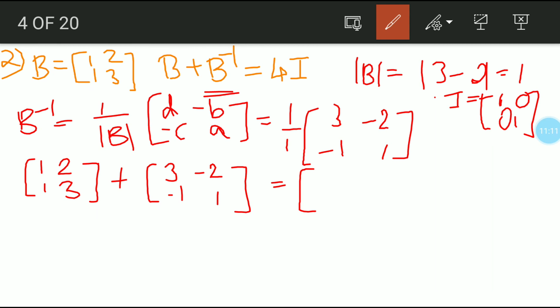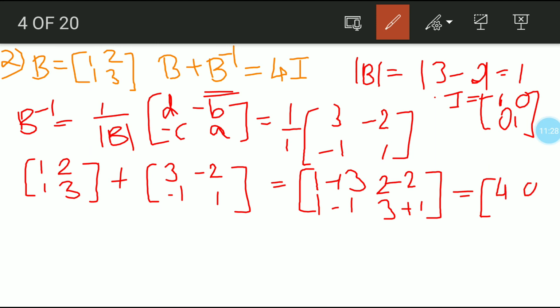So let's add this up: 1 plus 3 is 4, 2 minus 2 is 0, 1 minus 1 is 0, 3 plus 1 is 4.